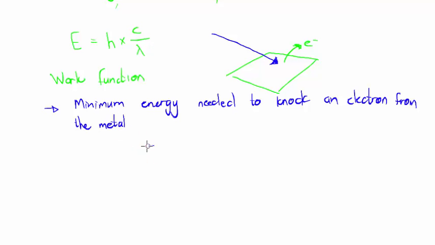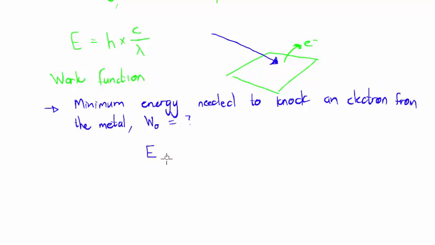The work function is specific for every metal, has a unique minimum energy needed to knock electrons off. For every element the work function is W0 at the bottom. That represents a unique value, and it will be a constant for that metal.